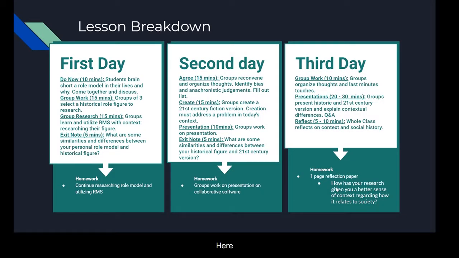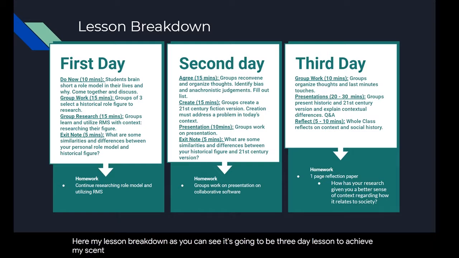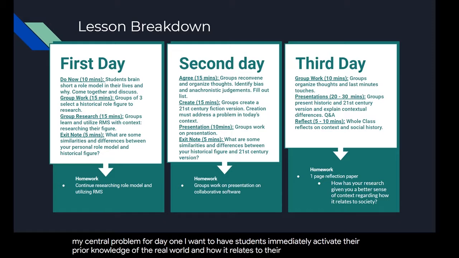Here is my lesson breakdown. As you can see, it's going to be a 3-day lesson to achieve my central problem. For day 1, I want to have students immediately activate their prior knowledge of the real world and how it relates to their personal experiences, to activate thinking about what a role model is in context today.